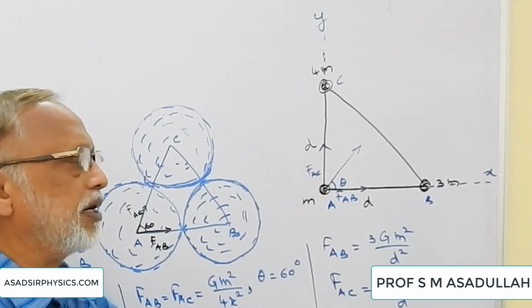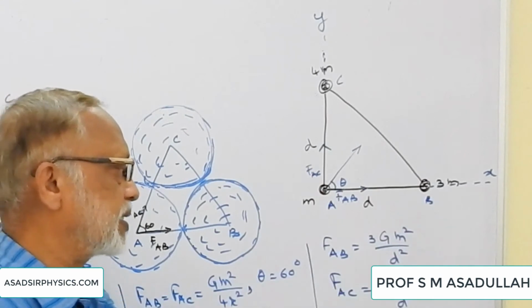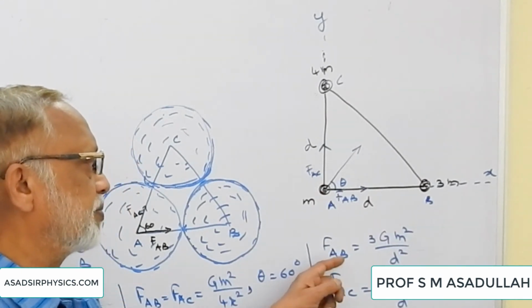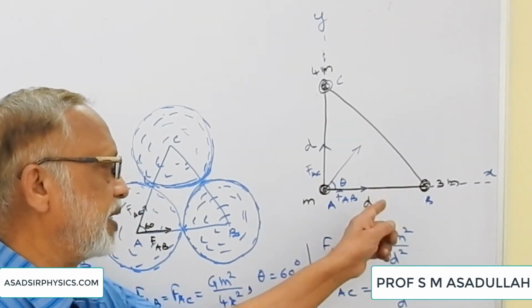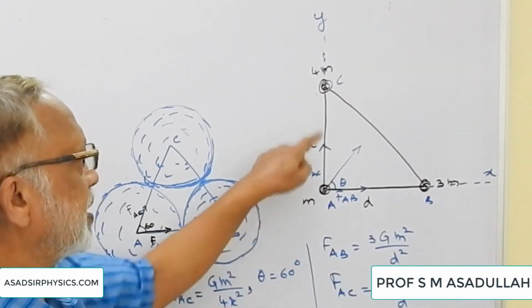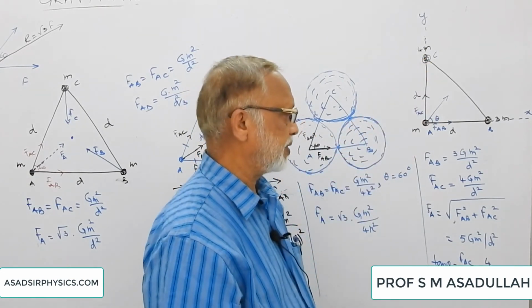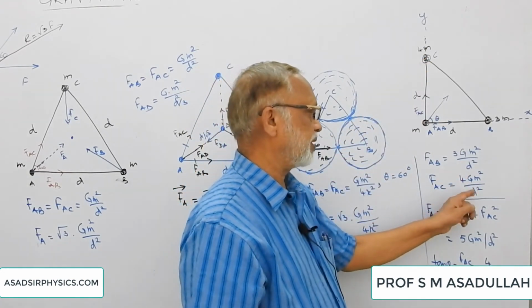Because there are three bodies, each body will experience two forces. That means on A there are two forces. Force due to 3m will be along the x-axis. FAB is equal to G m into 3m by d square, that is 3 G m square by d square. FAC is equal to G m into 4m by d square, that is 4 G m square by d square.